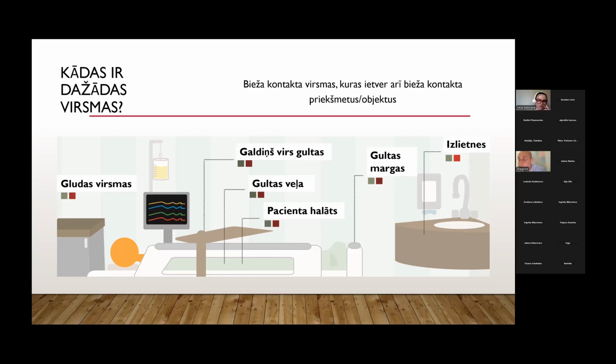High surfaces will be the flat surfaces, overbed table, the bed linen, the patient gown, sorry, the bed rail, the sink. All these things are high surfaces, but we also call them high touch objects, because this is something that we are touching non-stop when we come to visit a patient.